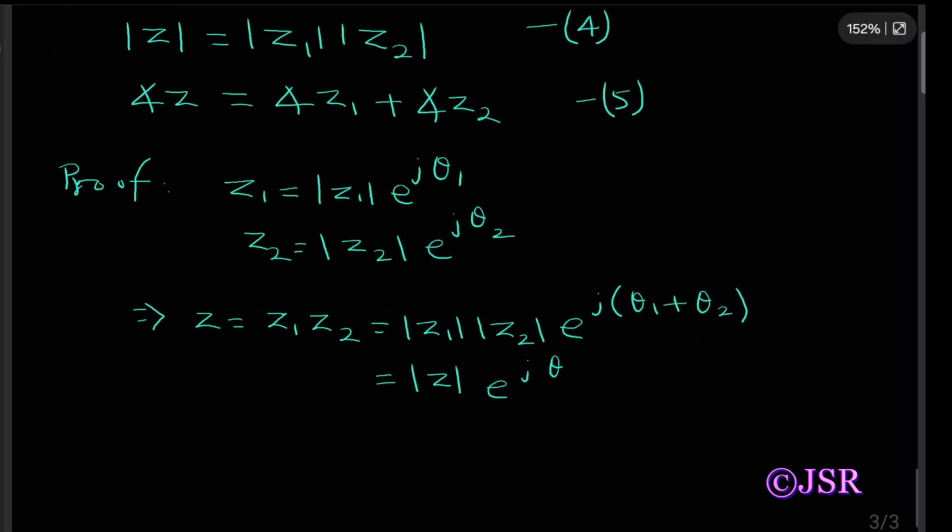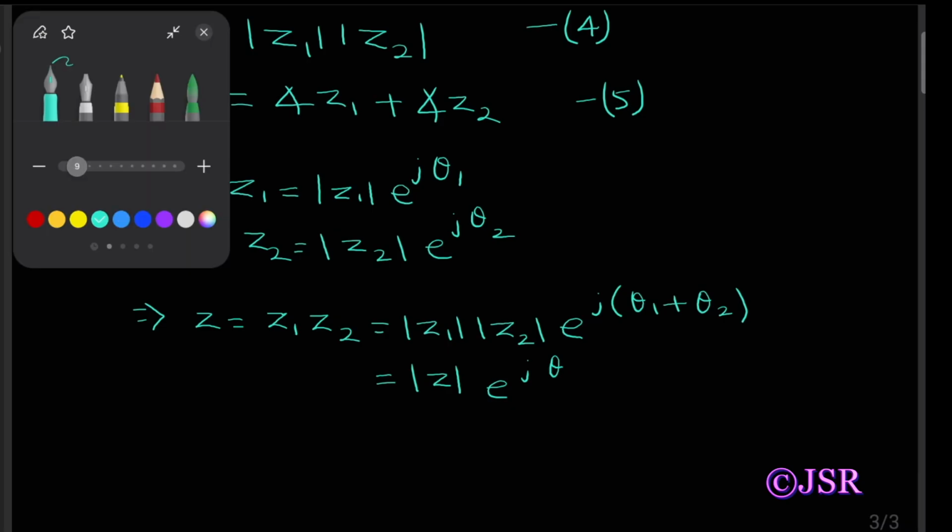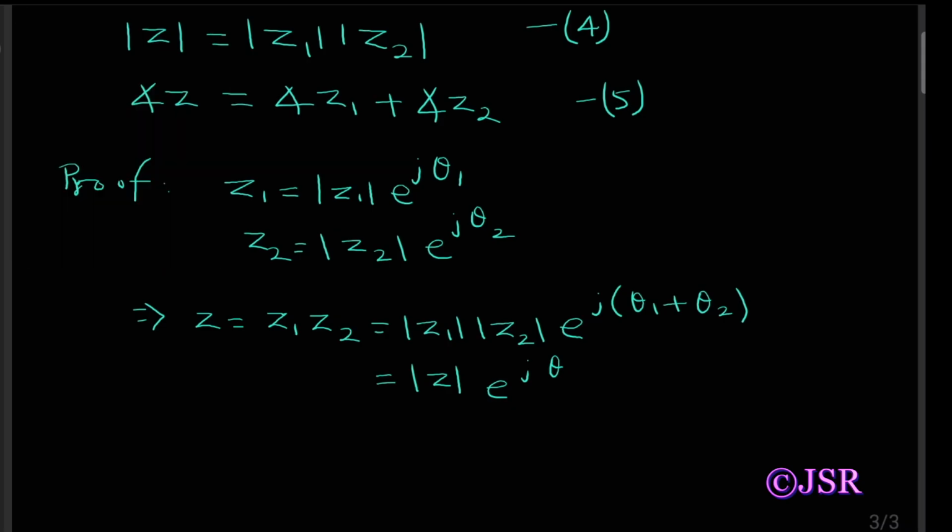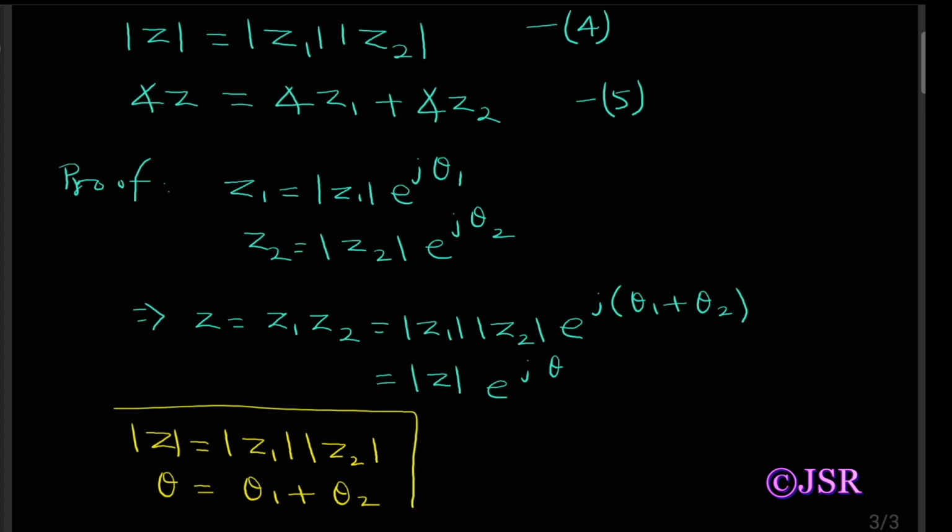So comparing these two, we can say mod of z equal to mod of z1 mod of z2 and theta equal to theta 1 plus theta 2. So this is equation number 6.